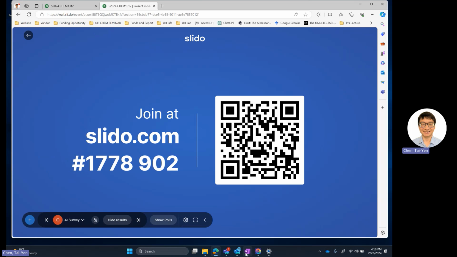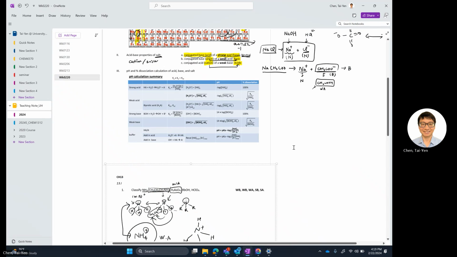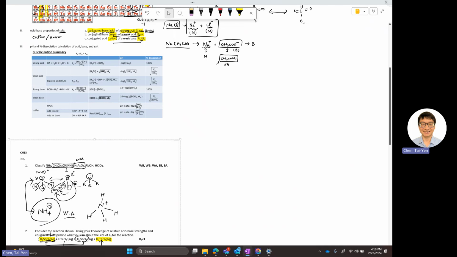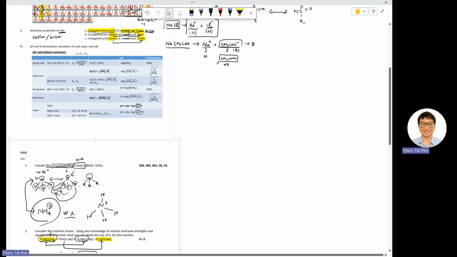So then let's get back to chapter 13. One more thing I want to talk about is midterm 2. Based on the statistics, midterm 2 is the midterm where students score the poorest.